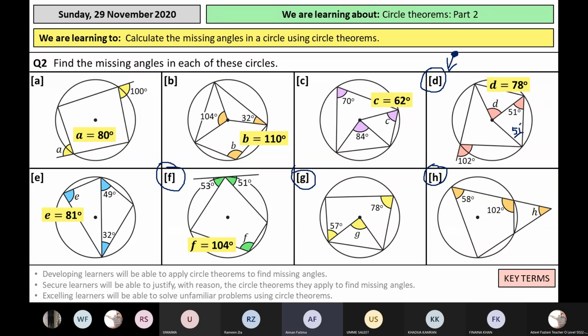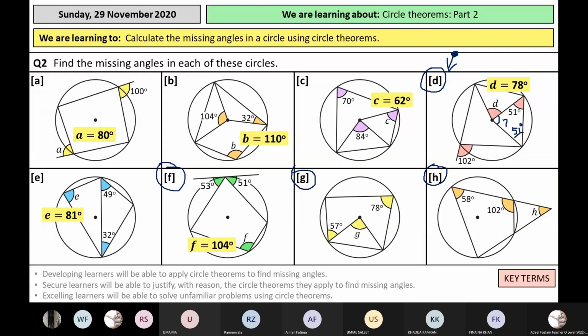Okay, you are getting the answer after subtracting twice of 51. What is the answer here? There is 78. No, this is not 78. What is the answer of this one angle?